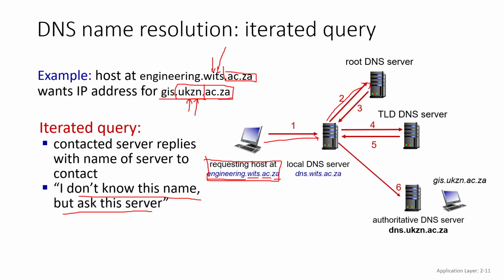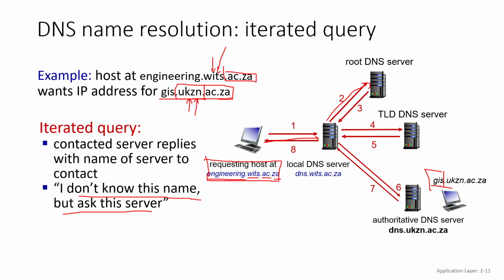It brings it to the domain name server of UKZN, which retrieves the domain name of UKZN and sends it back to the server. Then the server has the domain name of UKZN, and within it, it can look for the GIS page or GIS website that he or she wants. That's basically how it works.